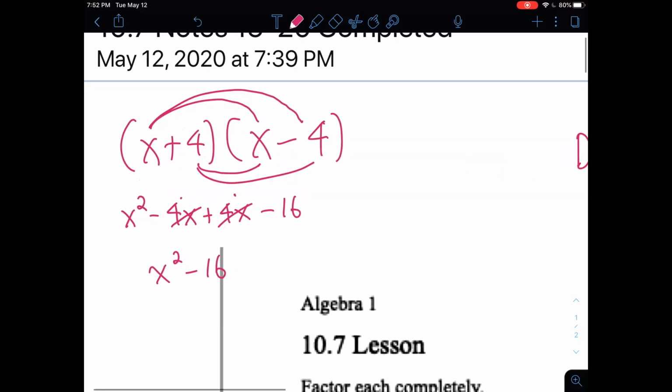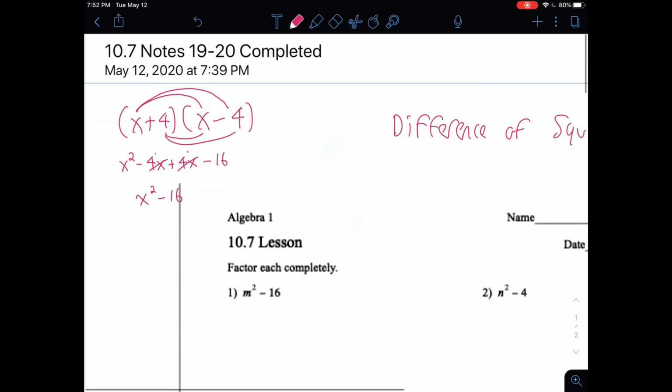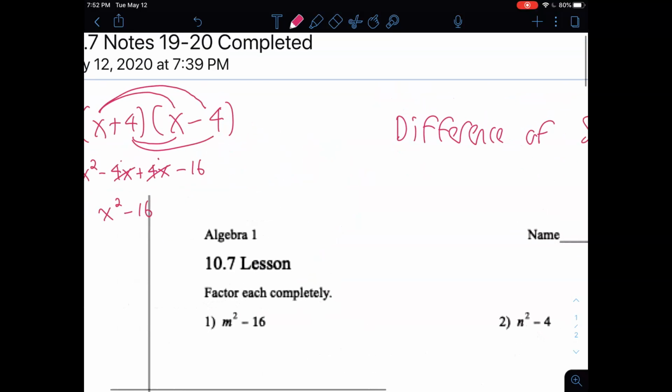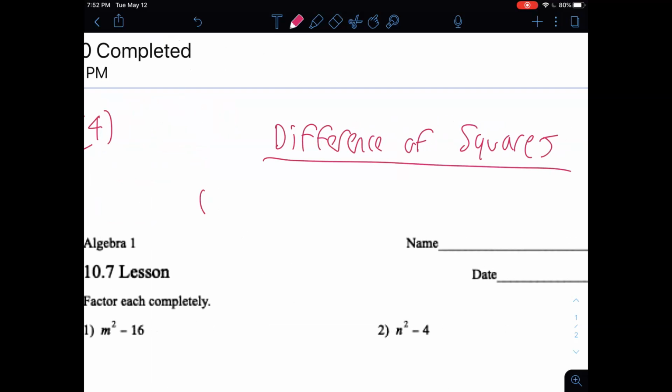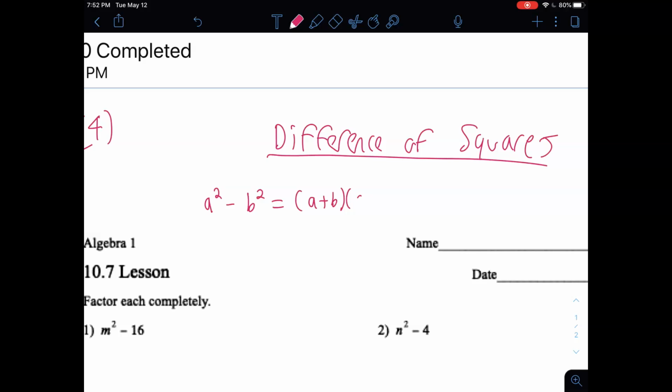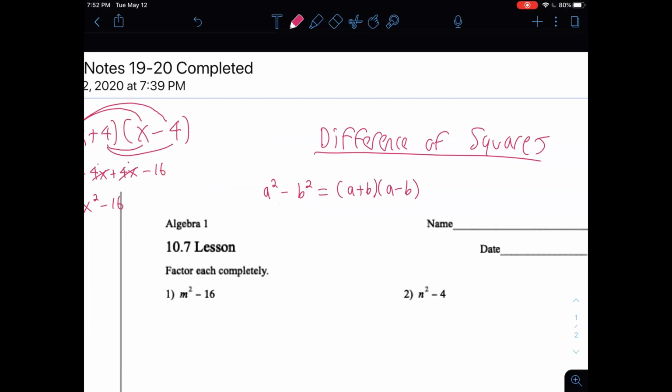So what we're doing now, instead of going from here to here, we're going from this back to this, okay? And this is the shortcut. So basically, the pattern is this: if we have a squared minus b squared, that's going to equal a plus b times a minus b.